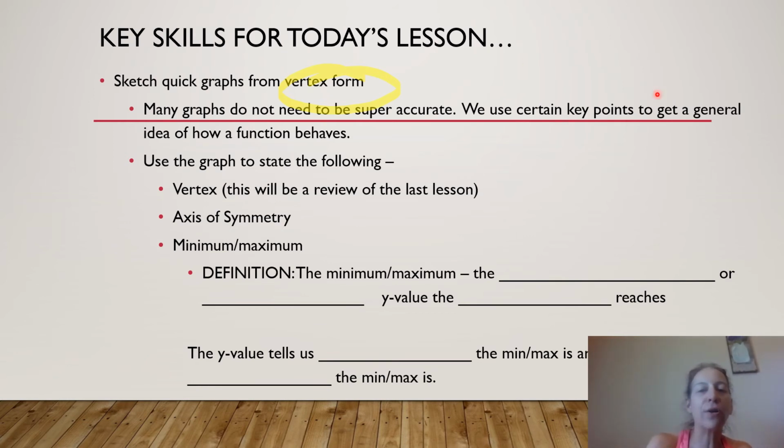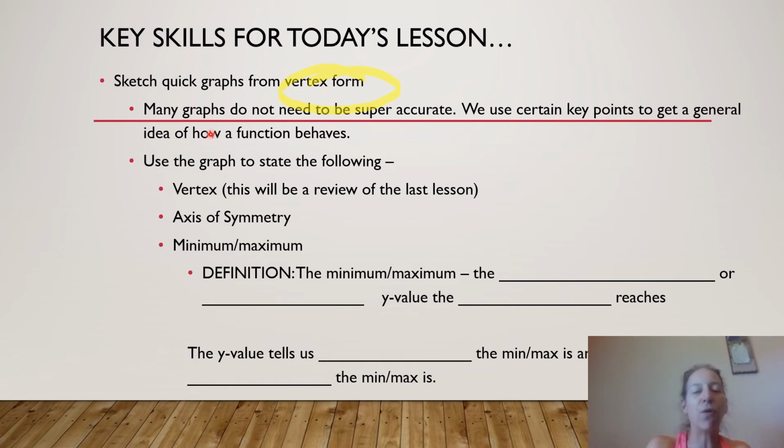We need certain key points to be able to sketch it, but we don't need to get all the points. Now, if you need your graph to be super accurate, then you'll kick on over to Desmos or a graphing calculator or something else, because they can handle that accuracy. So what we're going to work on in this lesson is just sketching some quick graphs.